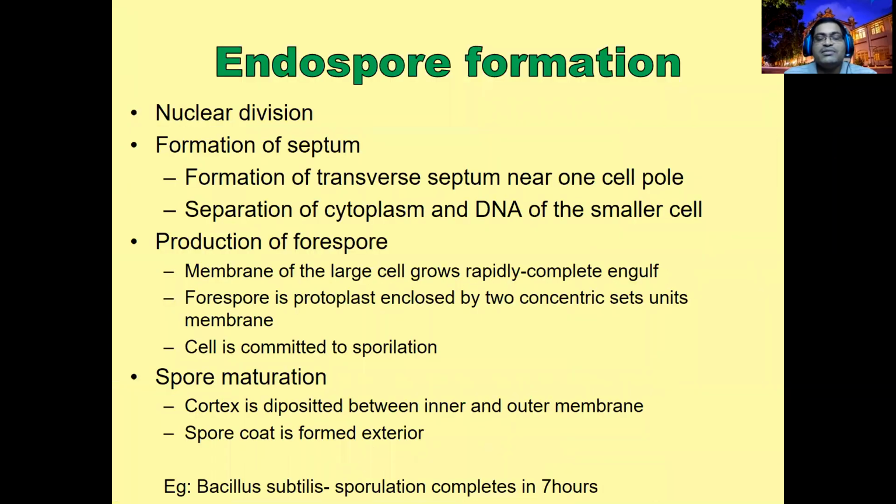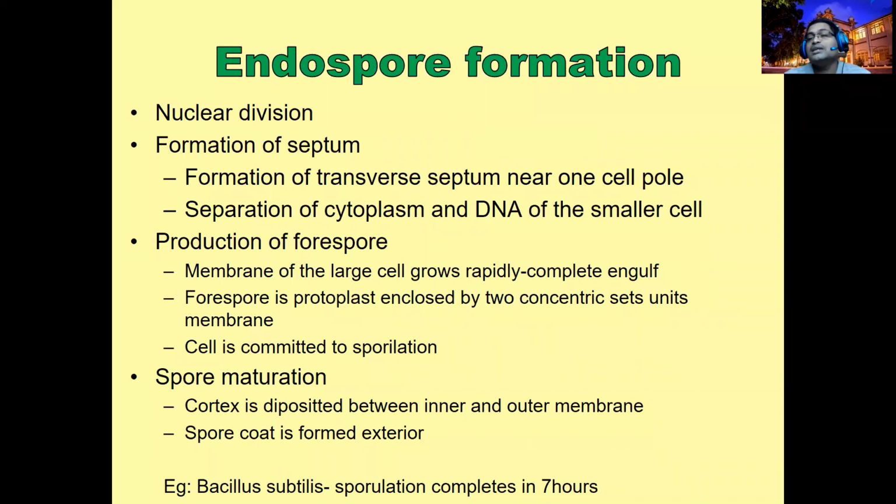In the last class, we were discussing the basic characters of bacteria and how you can classify bacteria according to size and shape, and number of flagella produced, and also the colony morphology and colony color.